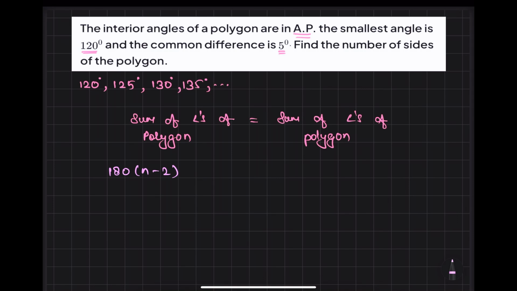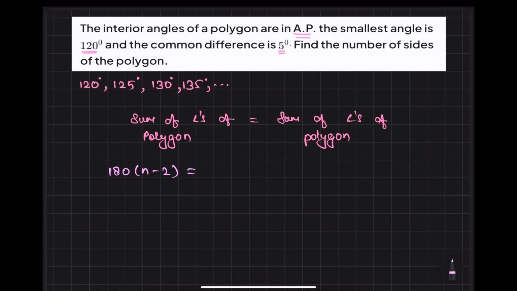You can apply this idea to a triangle having 3 sides. 3 minus 2 becomes 1, 1 into 180 becomes 180. So the sum of angles of a triangle is 180, correct? And if you talk about a quadrilateral, you place 4 in place of n, so it will become 360 degrees. Okay, so this idea is correct.